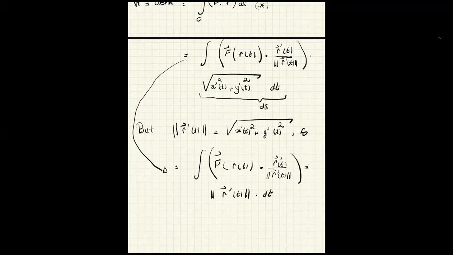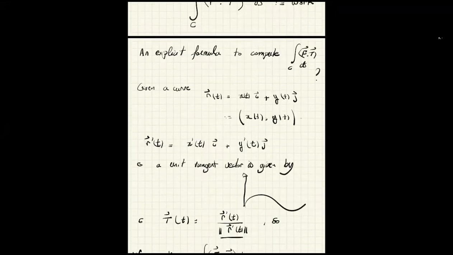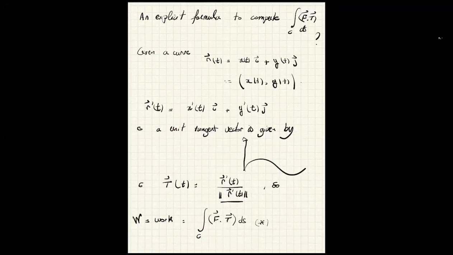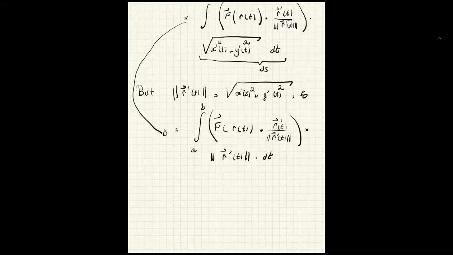And now I go over the curve AB. Okay, so suppose I have a curve AB, right? With t between a and b. So this is like a and b in the timeline. Be careful: this is a scalar product and this is a number. But now this is a number.